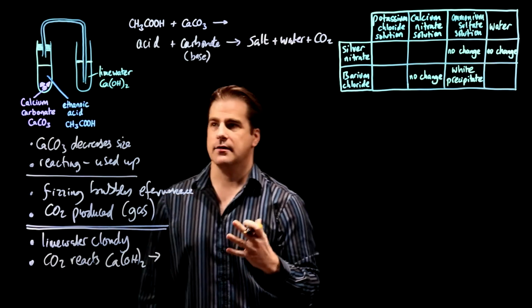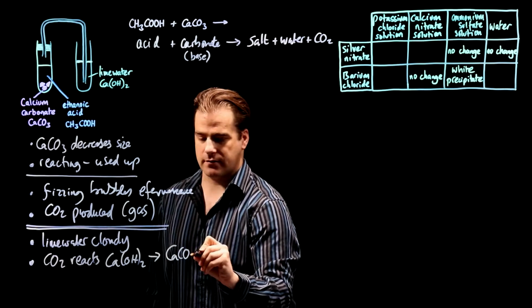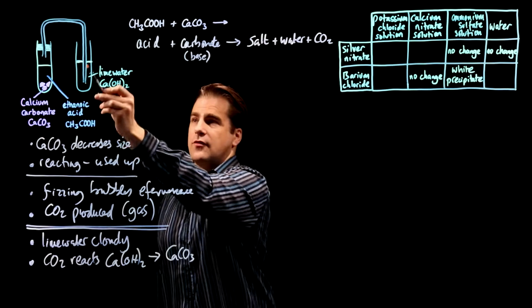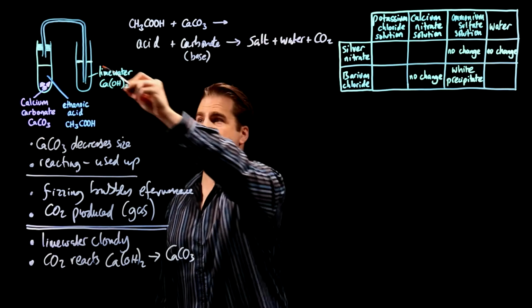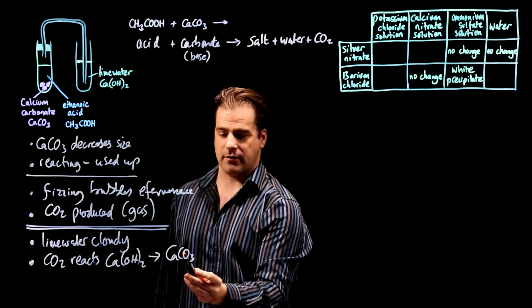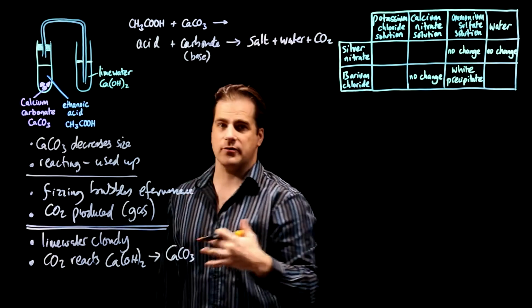And what does it make? The cloudiness comes, well, it's actually calcium carbonate. The same stuff that was over here is reformed in the lime water as the CO2 goes through it. And as we talked about, that's insoluble, so it's a solid, and that's why the lime water goes cloudy.